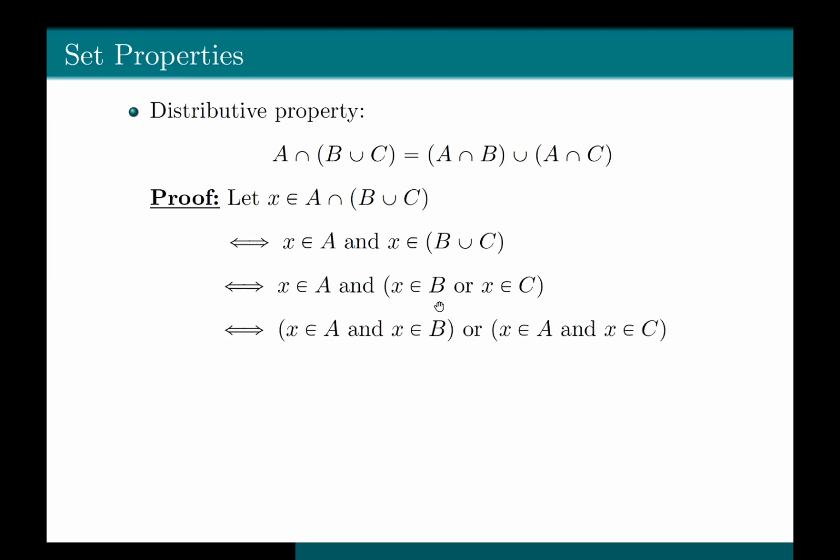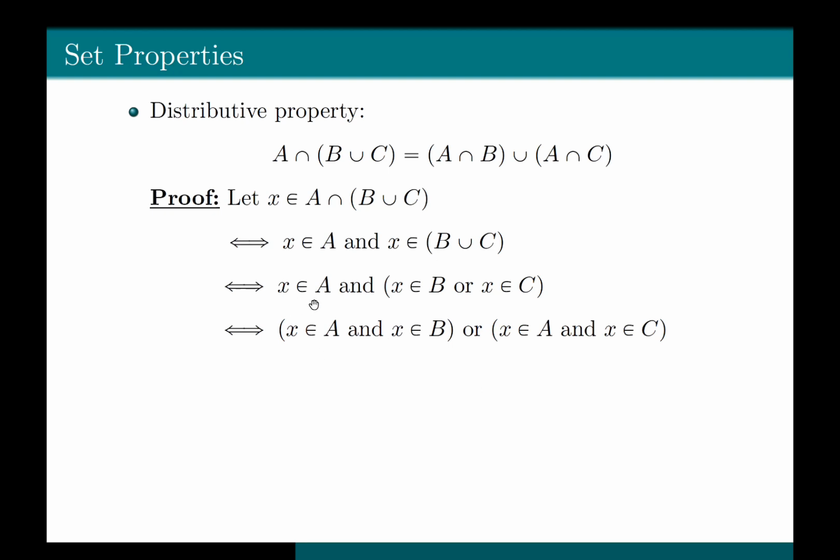So now, what does it mean? It is similar to say that X belongs to A and X belongs to B, or X belongs to A and X belongs to C. Now see what I have done over here.